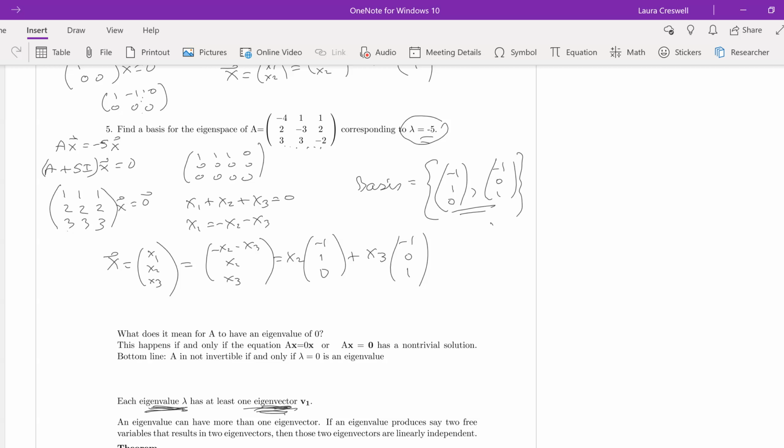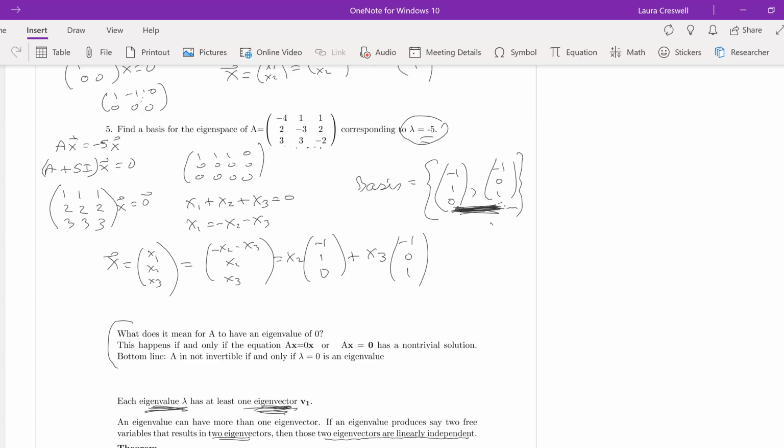This one here has 2 free variables, so it gives you 2 eigenvectors, and these 2 eigenvectors are linearly independent. If I put these together in a matrix, I could see that I have a pivot in every column. So when one eigenvalue produces more than one eigenvector, they will be linearly independent.